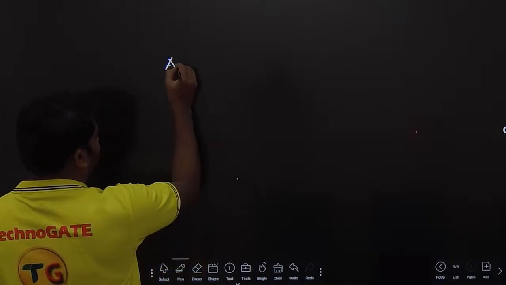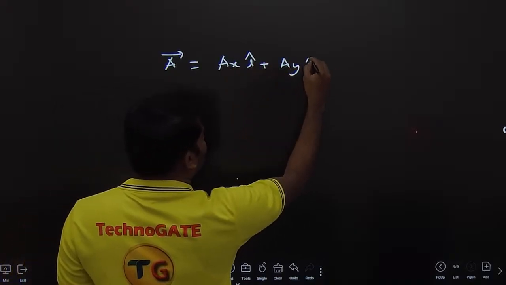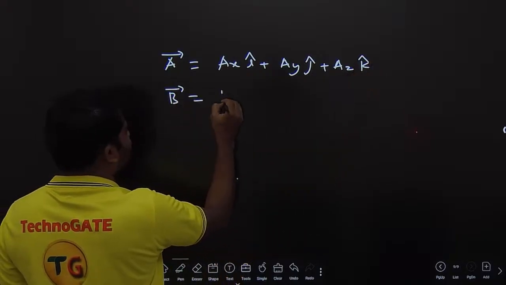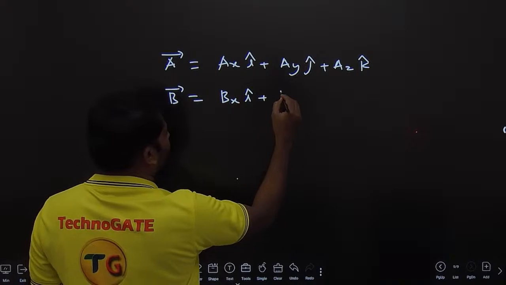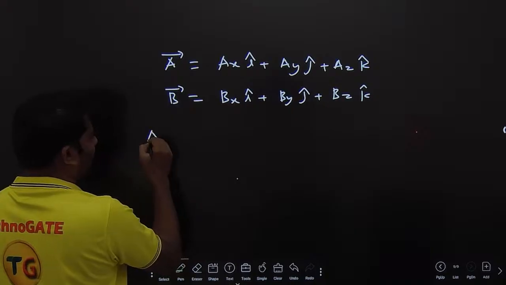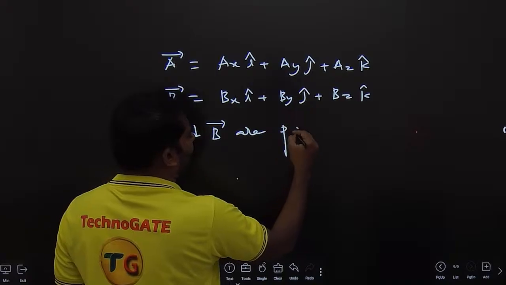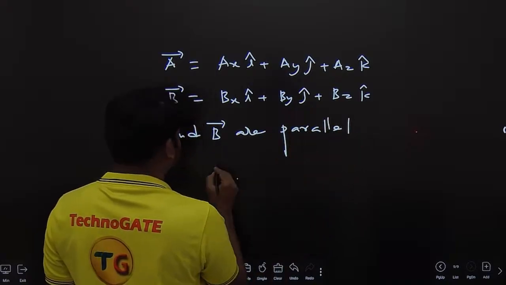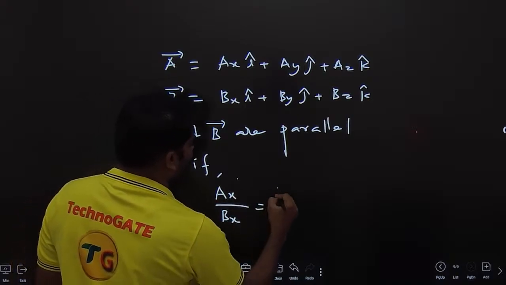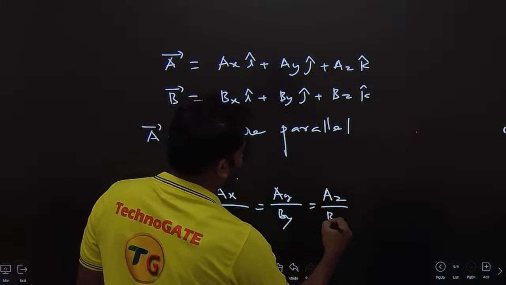If you have a vector, something like ax i cap plus ay j cap plus az k cap, and we have this b vector as bx i cap plus by j cap plus bz k cap, a vector and b vector are parallel if you have the condition that ax by bx is equal to ay by by is equal to az by bz.